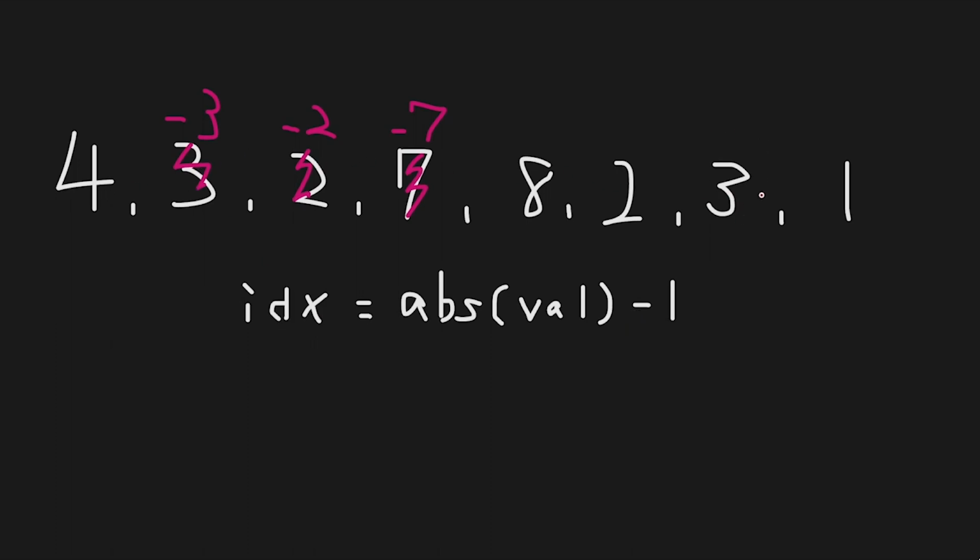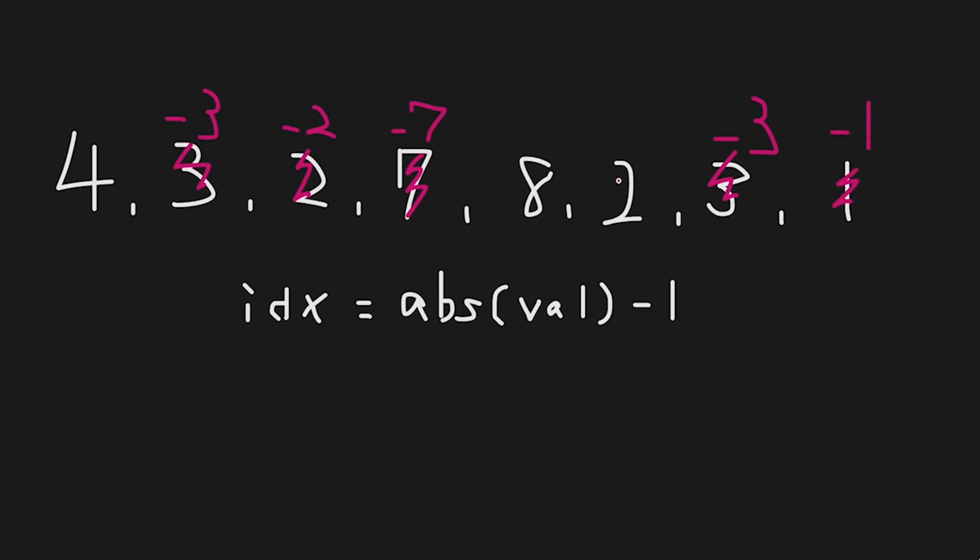Index 6 is a positive number, so multiply by negative 1, so minus 3. Next, 8. 8 minus 1 is index 7. So 0, 1, 2, 3, 4, 5, 6, 7. And then multiply by negative 1.